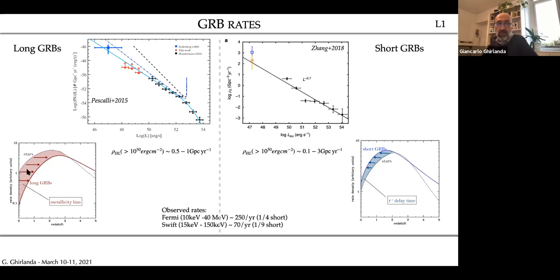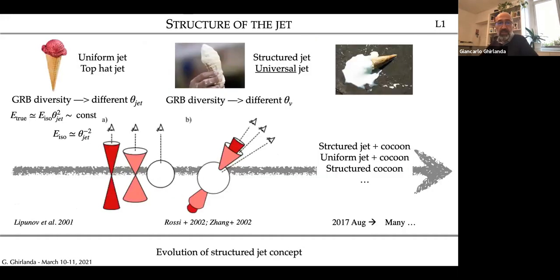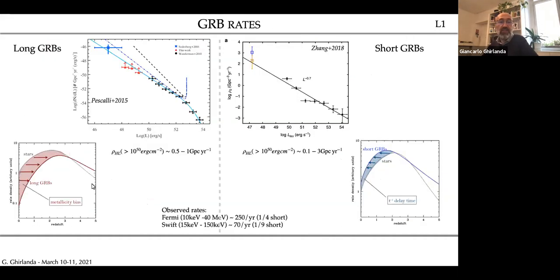On the side of long GRBs, instead, we have a kind of opposite effect, because with respect to the cosmic star formation rate, which is the thin line here, their redshift distribution is steeper. So there is a deficit at low redshift, the peak is likely at higher redshift, and then more or less they are similar at high redshift.